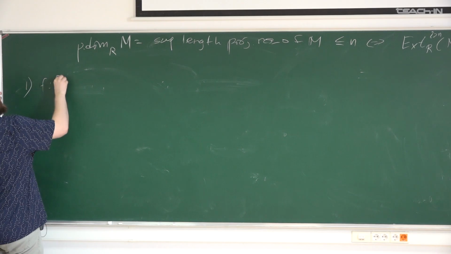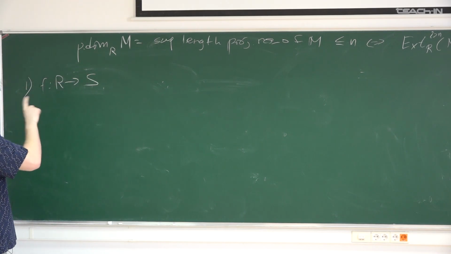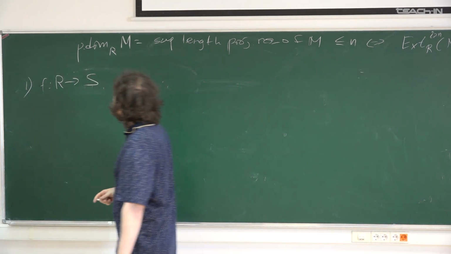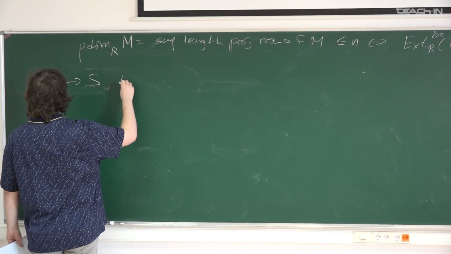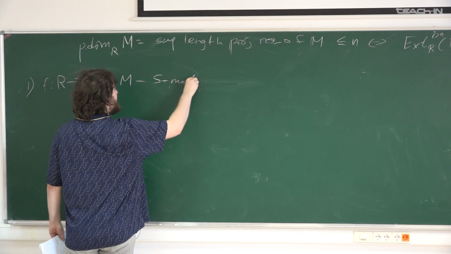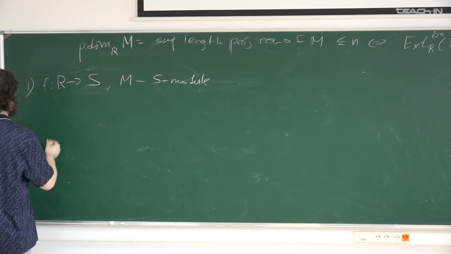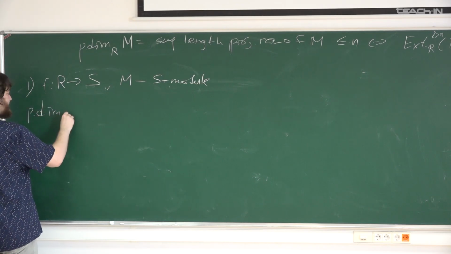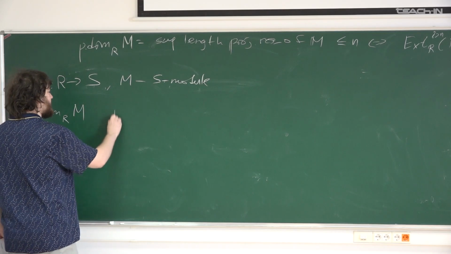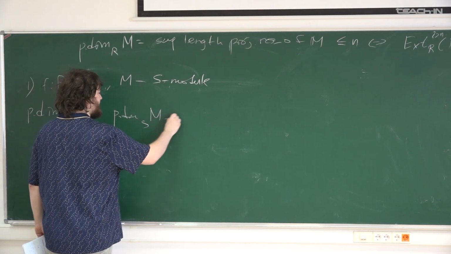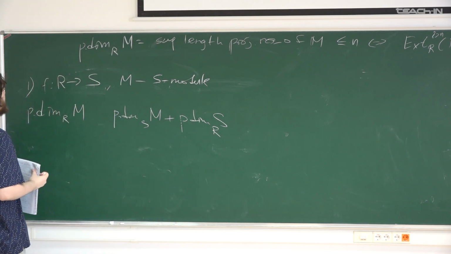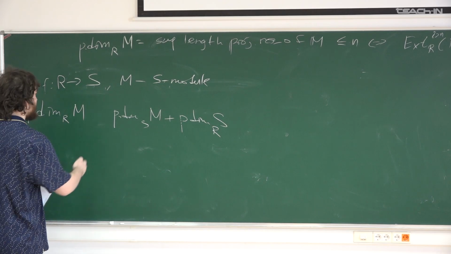If we have a ring homomorphism between two commutative rings, and here I suppose that all my rings are commutative for simplicity, and M is an S-module, then I have the projective dimension of M over R, the projective dimension of M over S, and the projective dimension of S over R, because S and M are R-modules through this homomorphism. And I have this inequality.